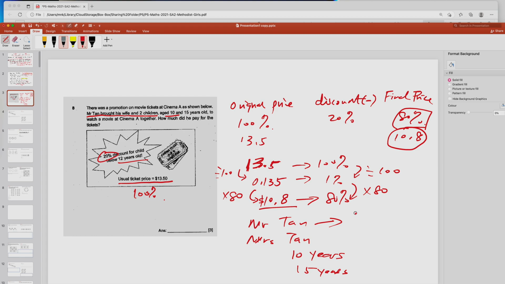He is 13.5. The wife is also 13.5. The 10 years old is 10.8, then the 15 years old is 13.5. Correct. So how much did he pay for the tickets together? You just add the 4 up. Does it make sense?